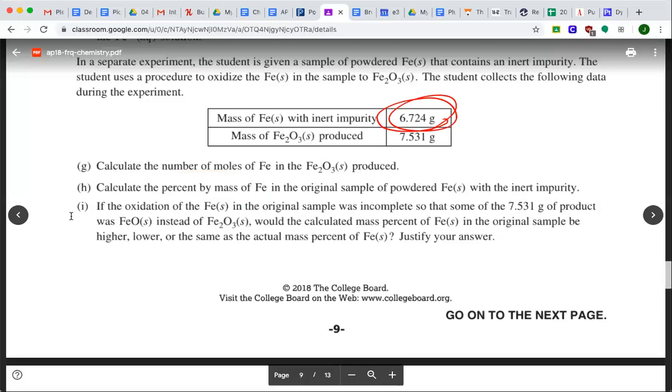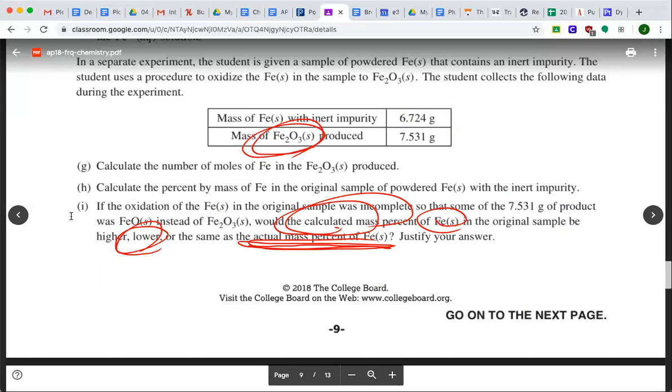So the amount of iron in the original sample is actually higher than the mass percent, or sorry, no, the calculated mass percent of iron in the original sample is actually lower than the actual mass percent, because we thought there was more oxygen here than there actually was.